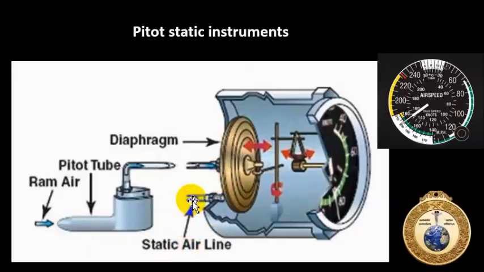The static airline just maintains atmosphere inside the instrument for this diaphragm to expand and contract against. And as it expands and contracts, there are some multiplying gears there, and it actually gives us an airspeed indication. So we see indicated airspeed, because there's going to be some terminology on this later.